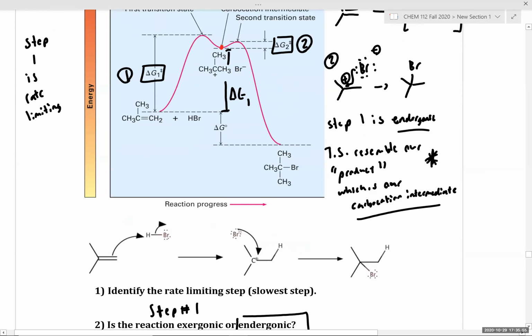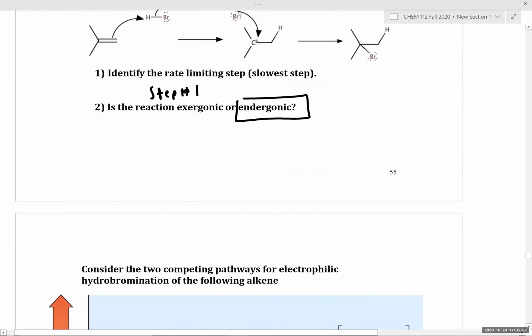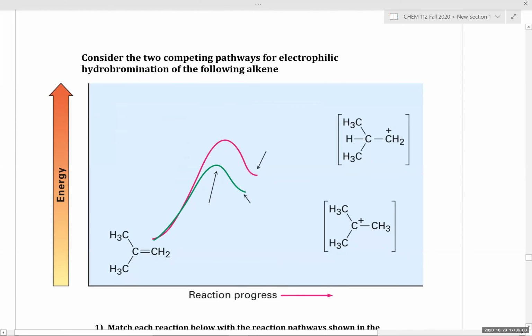Now we're going to look at two competing reaction pathways, and determine which of these reaction pathways is favored in this chemical reaction. So we're just looking at step number 1. We know that step number 1 is endergonic.